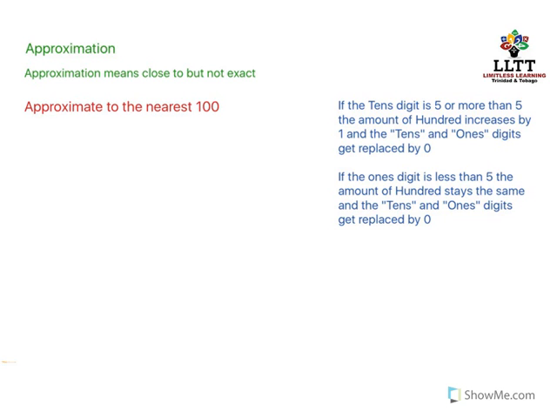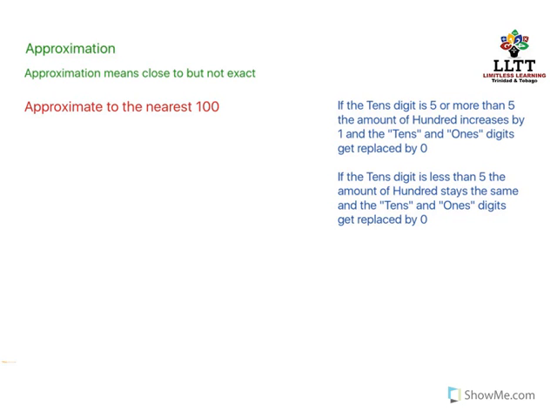Right? If the tens digit is 5 or more than 5, then we increase the amount of hundreds by 1, and we're going to replace the digits in the tens and ones with zeros. If the tens digit is less than 5, the amount of hundreds stays the same, and the tens and ones digits get replaced by 0.